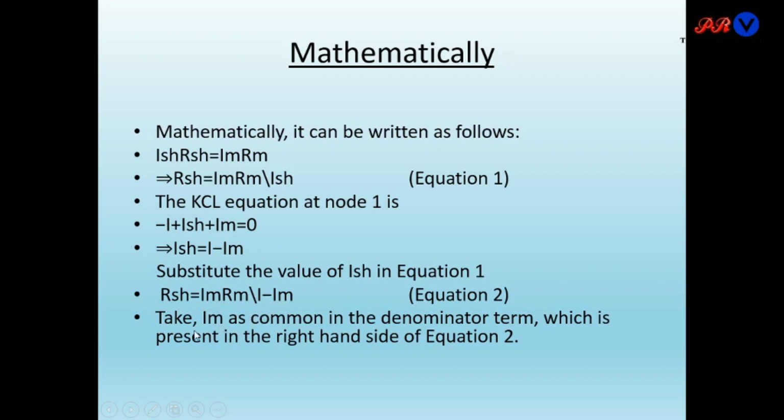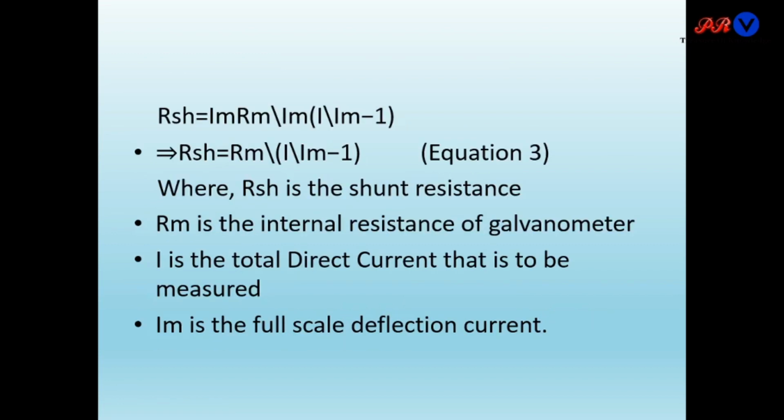Now we can take Im as common in the denominator on the right hand side of the equation. Taking Im common, this Im can be cancelled, then RSH equals Rm divided by (I divided by Im minus 1).